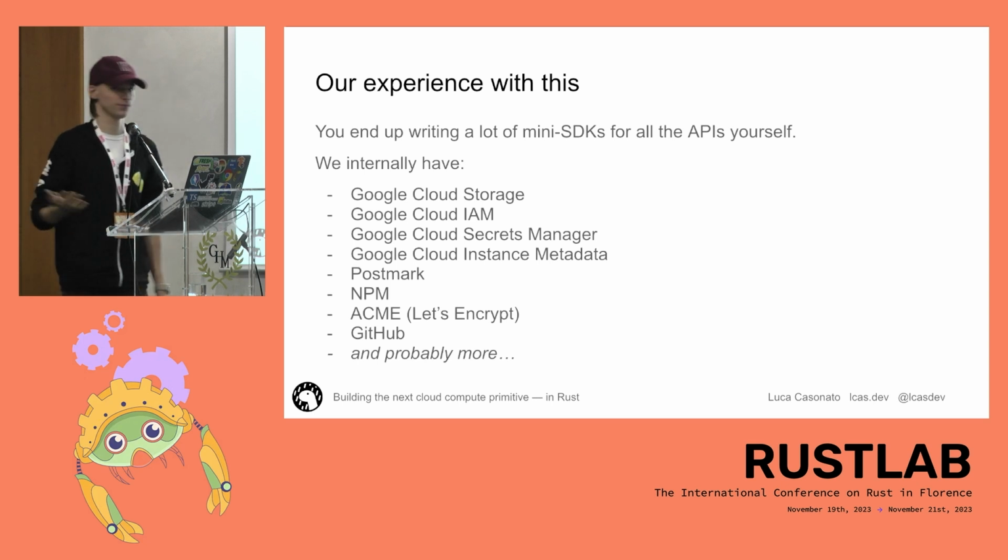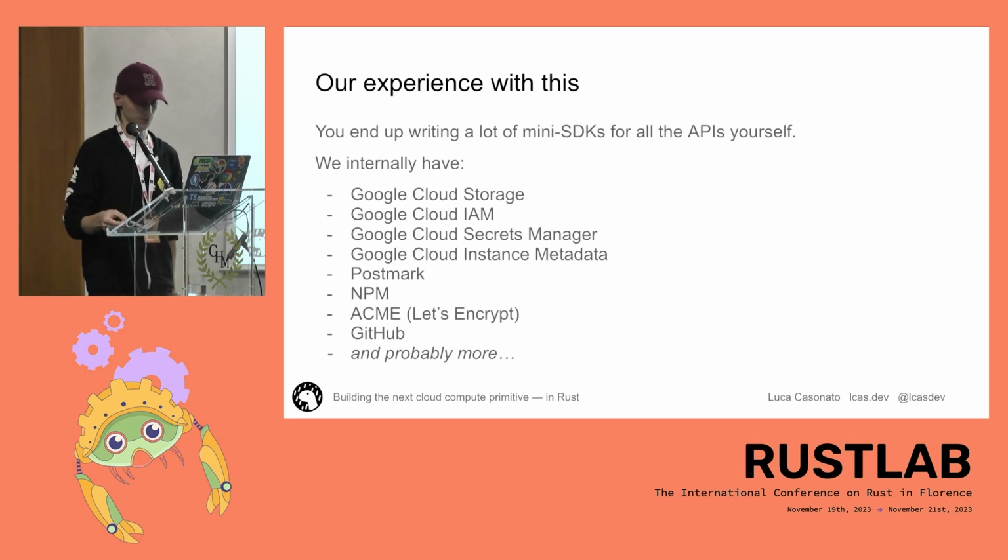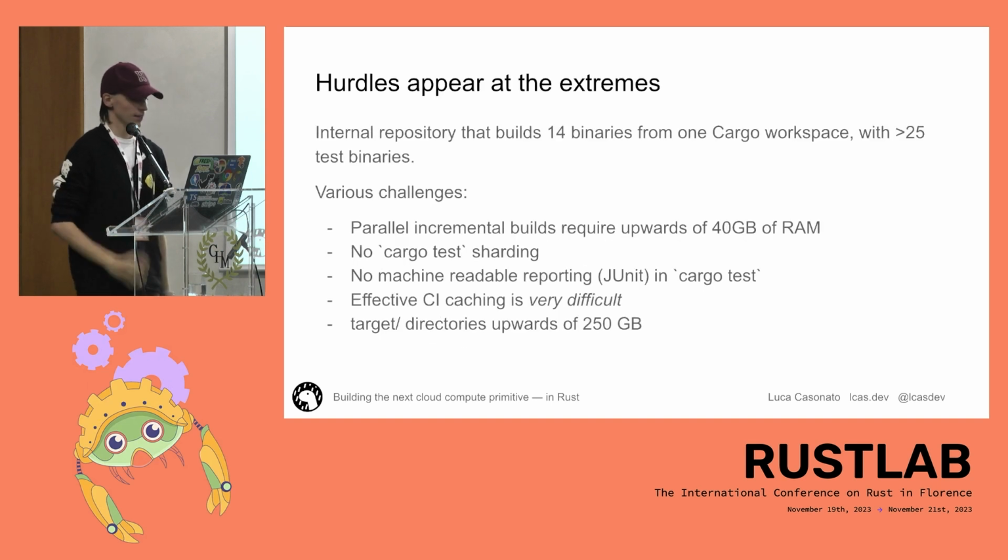We were so happy with our mini SDK for Let's Encrypt. We had to implement all of it, so that one's open source. And then GitHub, there's a good one called, I think, Octocrab, but it unfortunately doesn't implement half of the things we need, so we had to roll our own there too. I'm probably missing a bunch, but yeah.